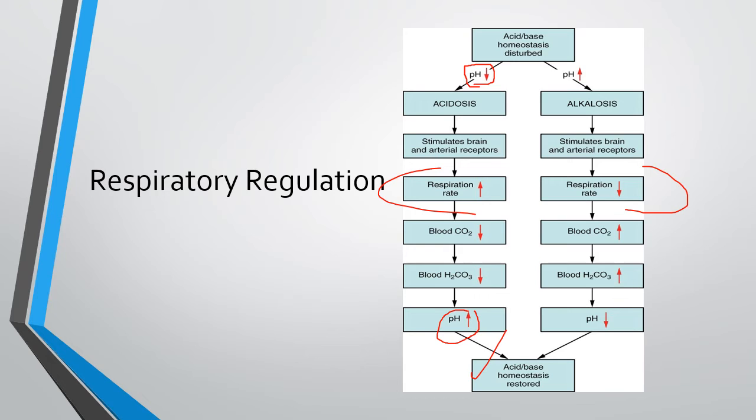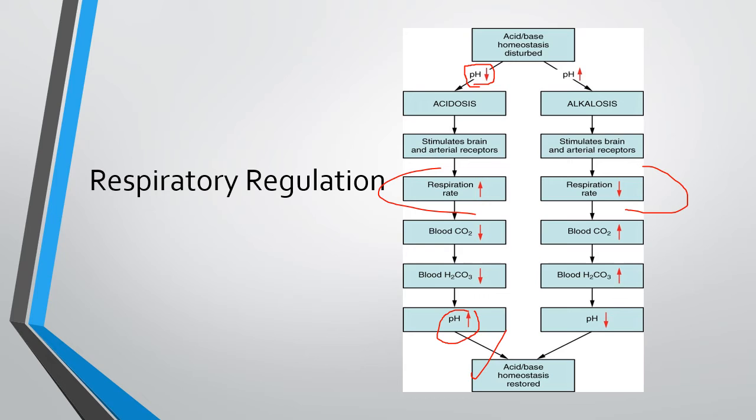So vice versa, in case of alkalosis, the respiratory rate will decrease. So what happens in alkalosis? pH increases. So when the pH increases and the respiratory rate decreases, that will lead to accumulation of CO2, or CO2 retention. This CO2, since it's high, will combine with H2O, and carbonic anhydrase will facilitate this to form carbonic acid.